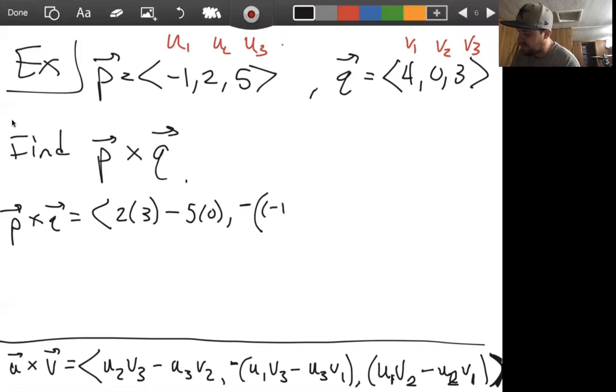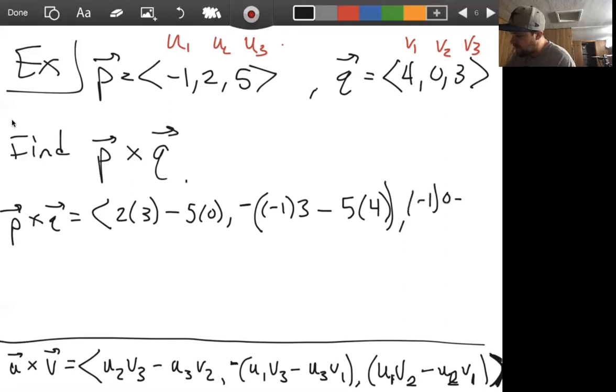So that's negative 1 times 3 minus U3 V1. U3 is 5, V1 is 4, comma. And then the third component is U1 V2. And so that's negative 1 times 0 minus U2 V1. So U2 is 2, V1 is 4.